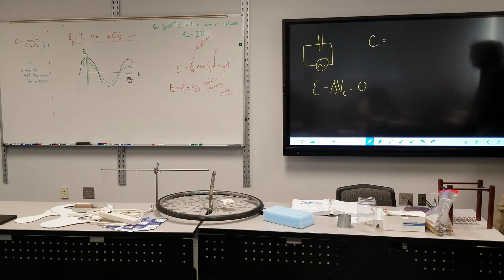So I can figure out what the potential difference is across a capacitor if I know the charge and the capacitance. So my equation here becomes the EMF is equal to Q over C. But I really want to know what the current is.